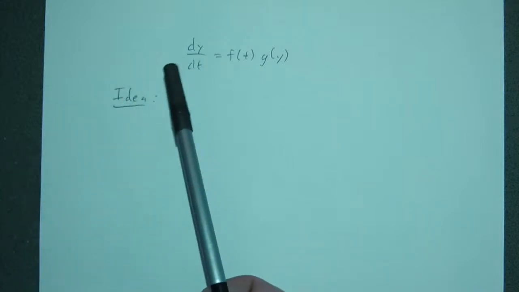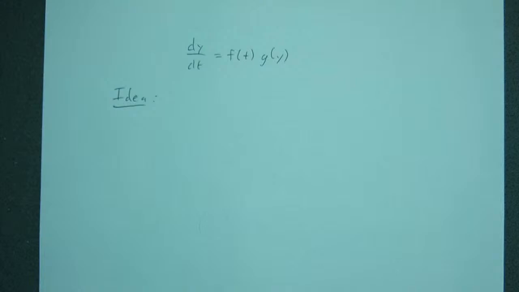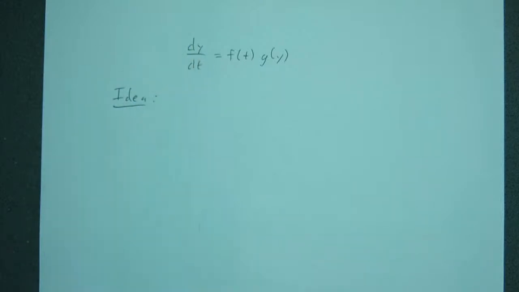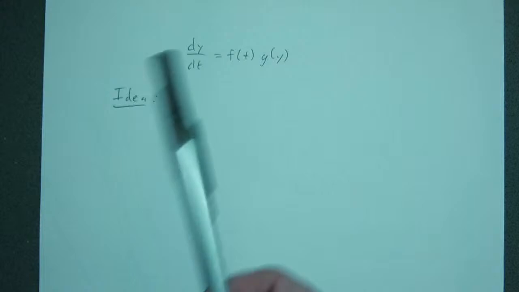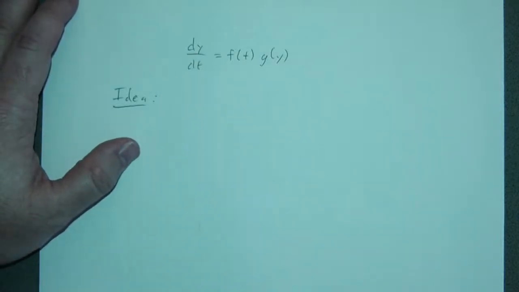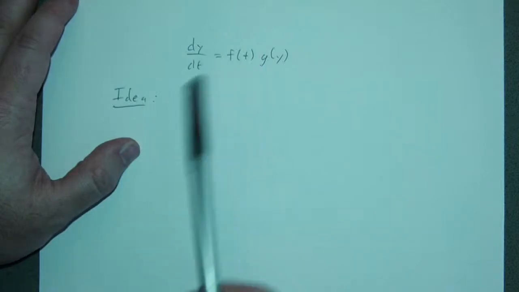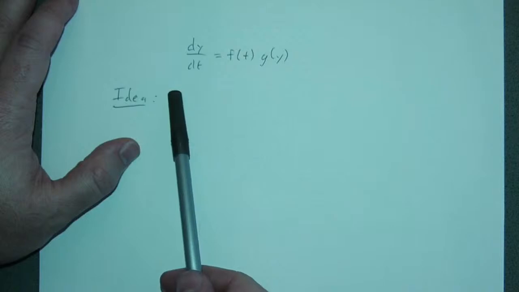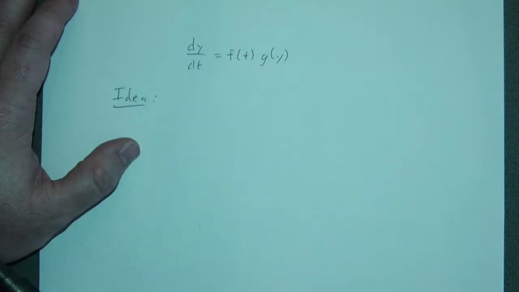So I'm going to abuse the notation a little bit, treat this like an honest-to-God fraction, and since they can be separated in this manner, I'm going to separate further by putting all of my expression that depends on y on one side and all my expression that depends on t on the other side.